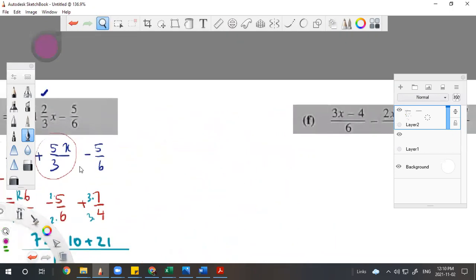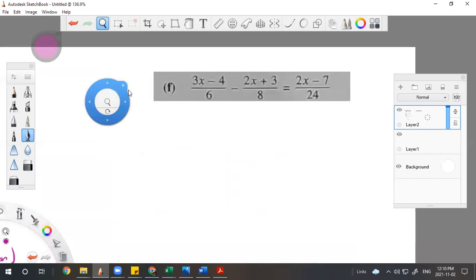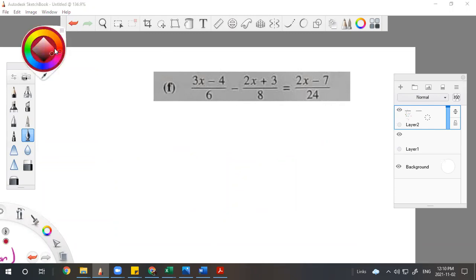Right. So next question, number 17F. Everything is already in fractions. So we have 6, 8, and 24. The easiest way is to change everything to 24. So 4 times, right? Because 6 times 4 is 24, and this will be 3 times. Okay.